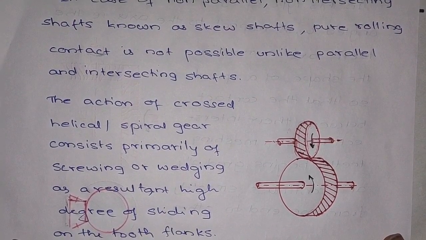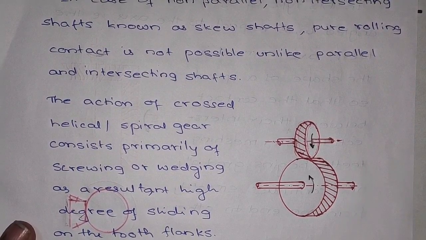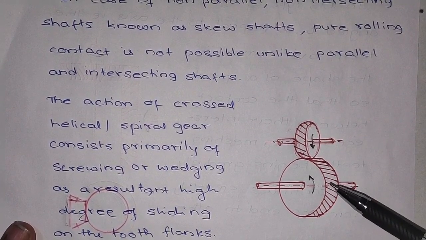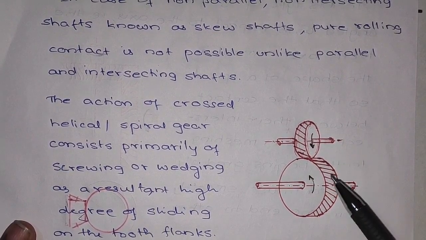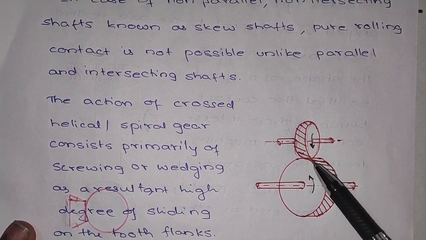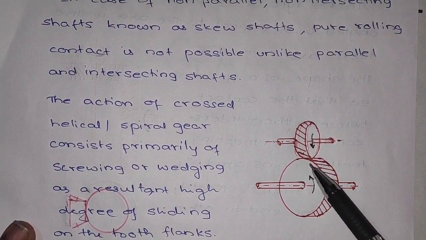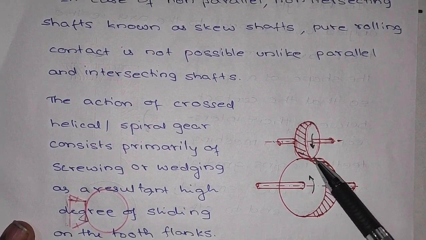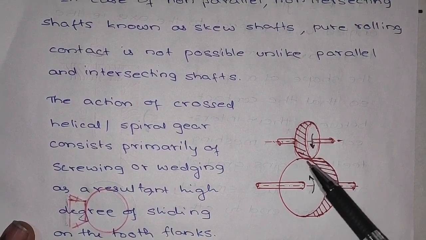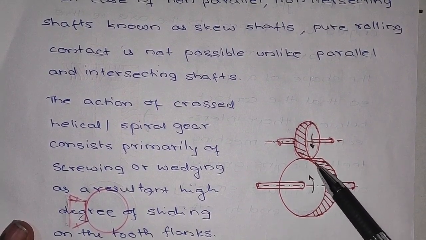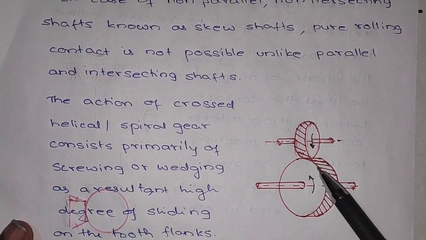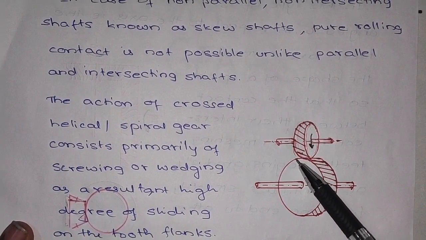So the action of crossed helical or spiral gear consists primarily of screwing or wedging, and as a result there is a high degree of sliding on both the flanks. This type of contact will make a twisting force acting at the point where both the teeth mesh, and this creates the sliding on the flanks of both the gear as well as the pinion.